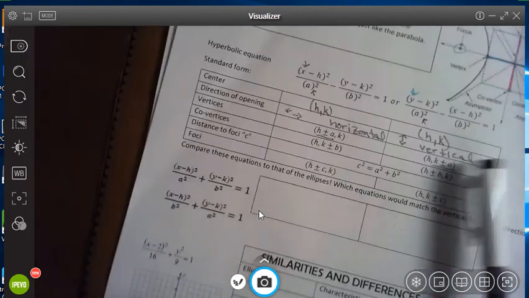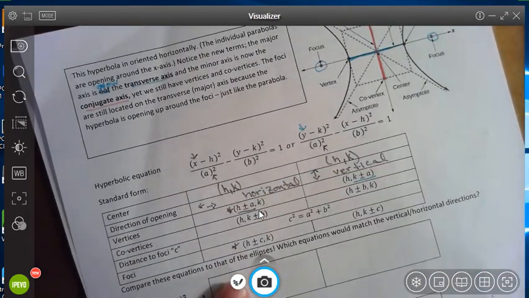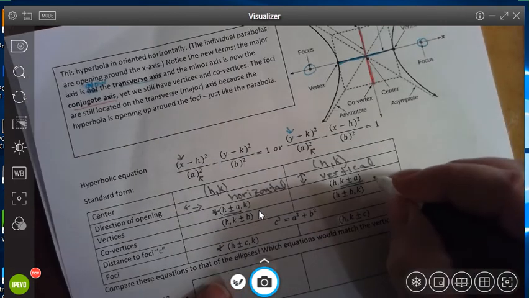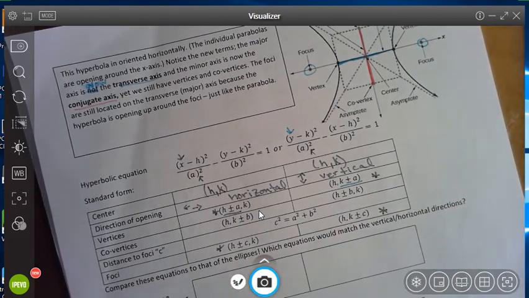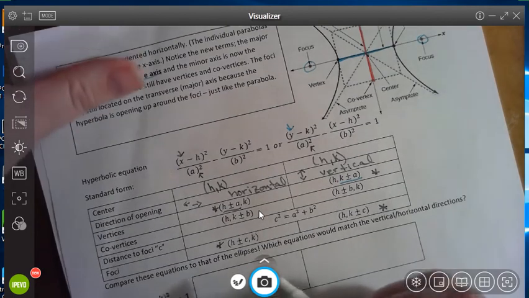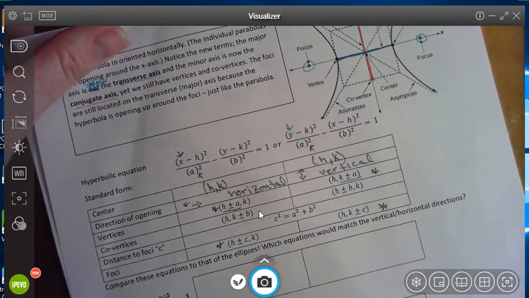So notice these match this one and this one almost, except instead of adding a, we're adding c because we are no longer finding the vertex, we are finding the foci.